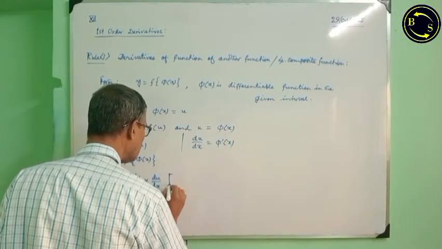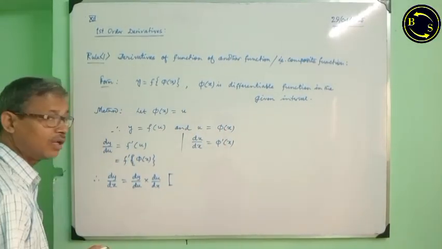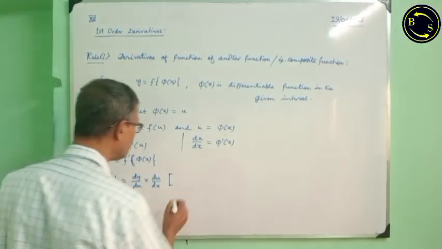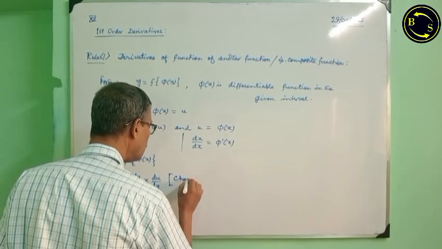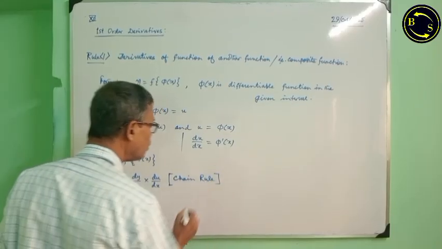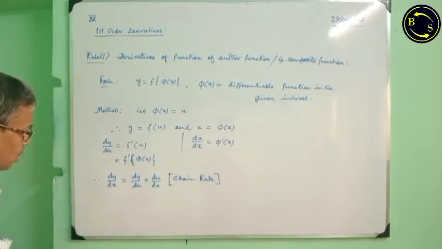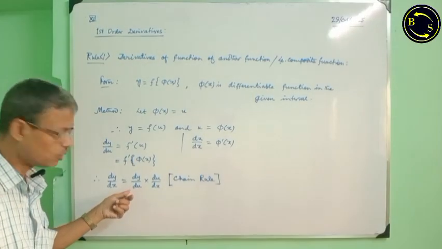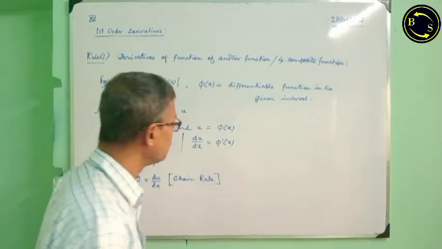This formula or rule is known as chain rule. dy/dx equal to dy/du into du/dx.